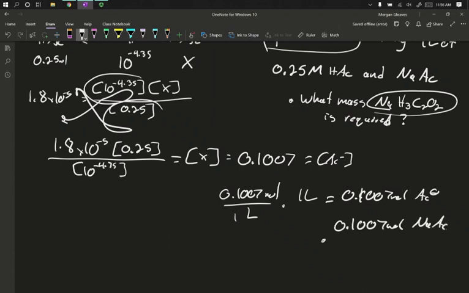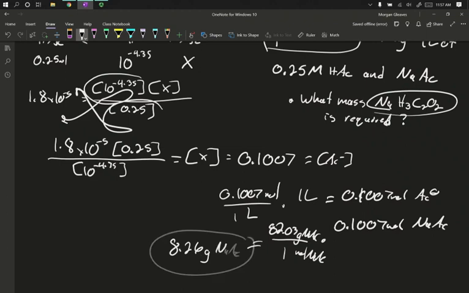My sodium acetate, well, 1 mole of it weighs 82.03 grams, so we can calculate out what weight of sodium acetate I needed to add, which was 8.26 grams. So to our 1 liter container of 0.25 molar acetic acid, I would need to add 8.26 grams of sodium acetate.